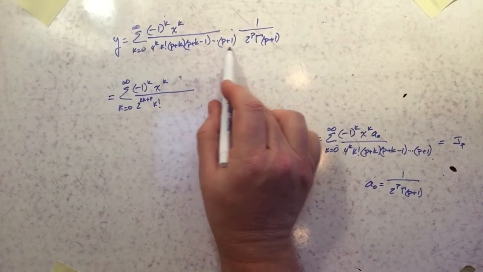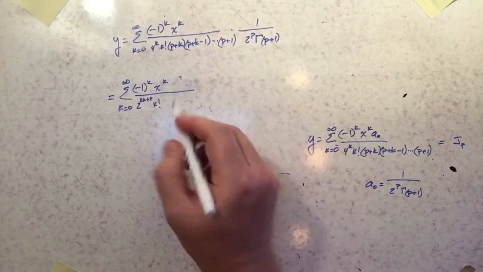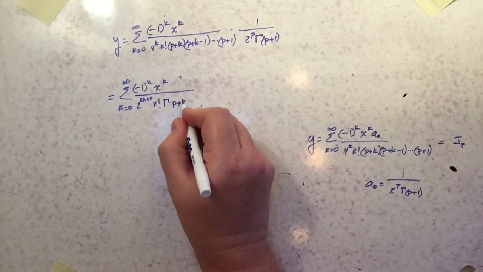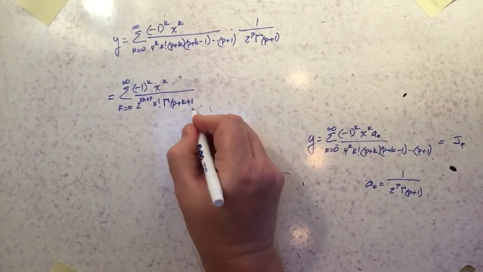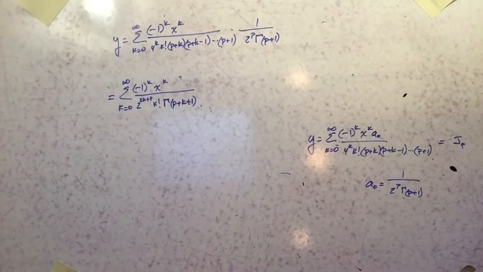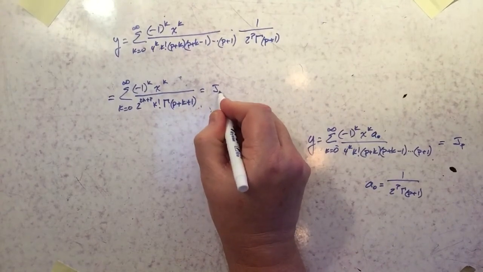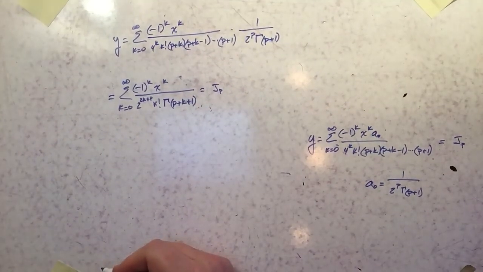And all this junk is now going to be replaced by gamma of p plus k plus 1. And this is called a Bessel function of the first kind, or J_p.